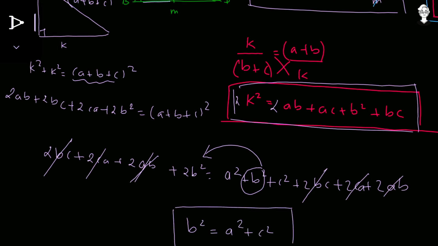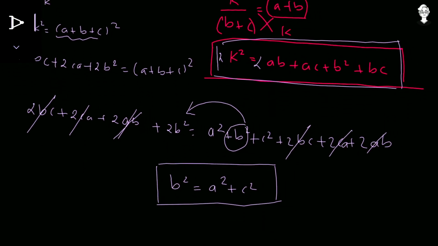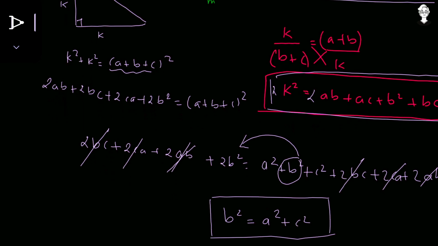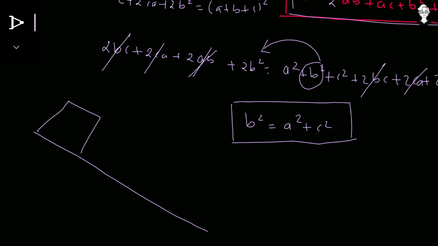And remember what this resembles: b square is equal to a square plus c square is the relation that we were finding. The hypotenuse, this was the smallest square, this was the biggest square, and then we have this square. Its side was a, its side was b, its side was c. If the side is a, its area becomes a square.